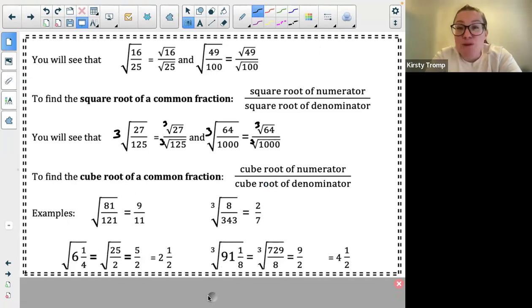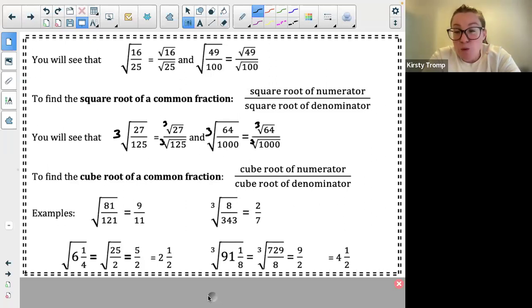What happens if we have mixed numbers, guys? I always say to you, don't like a mixed number. So what do we need to do when we have a mixed number? First things first, convert it into an improper fraction.